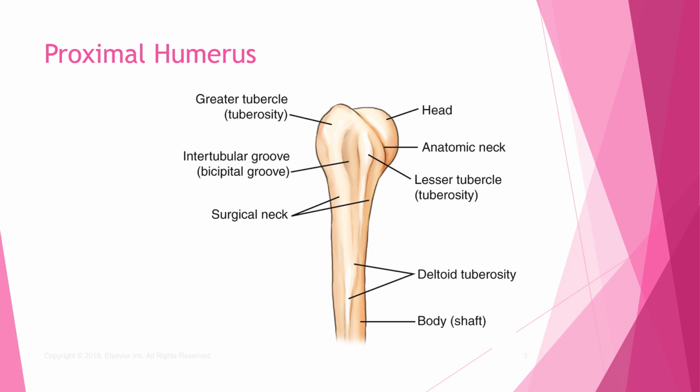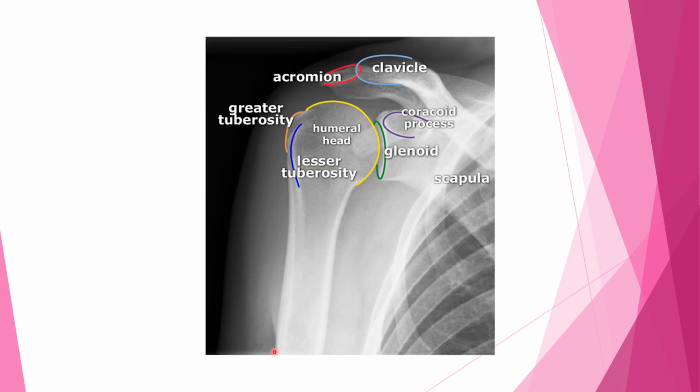Moving on, if we look at this same anatomy in a radiograph, you can see we've labeled the acromion process right here of the scapula. You've got the clavicle right here, and those two articulate at what's called the acromioclavicular joint, or the AC joint. Here we have the coracoid process, not to be confused with the coronoid process.